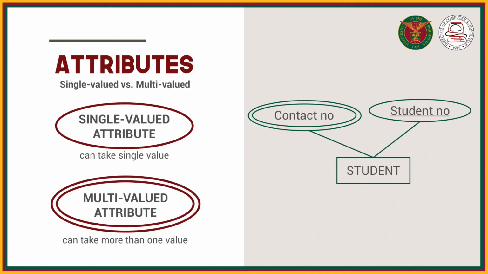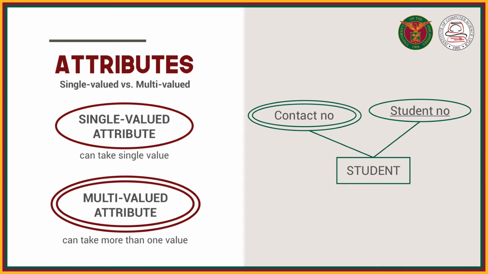And then we have a single valued attribute and a multi-valued attribute. Single valued can take a single value and a multi-valued can take more than one value. For example, a student has a student number and a student can only have one student number. And then a student can have multiple contact numbers.